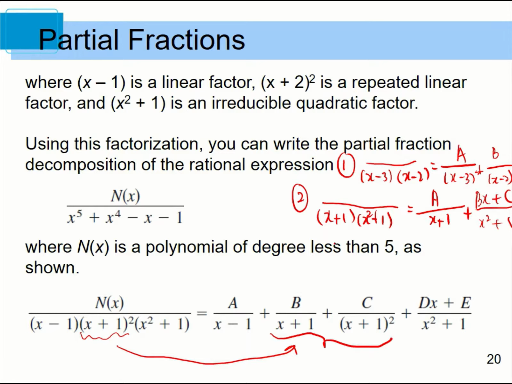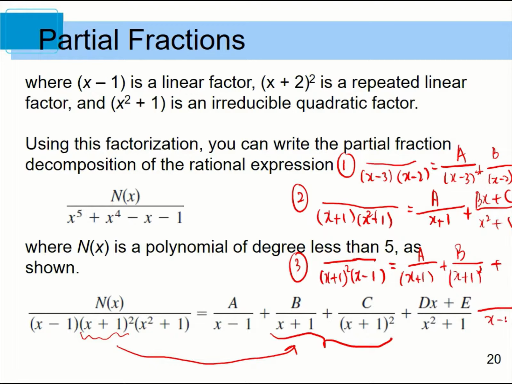And the third one, if we have x plus 1 squared and x minus 1, we need to decompose this into a over x plus 1, plus b over x plus 1 squared, and plus c over x minus 1.